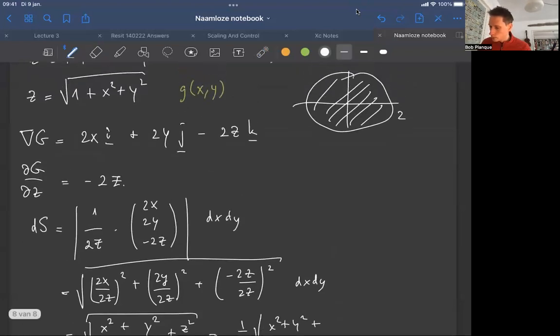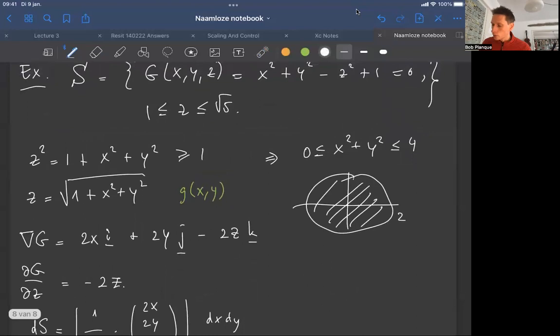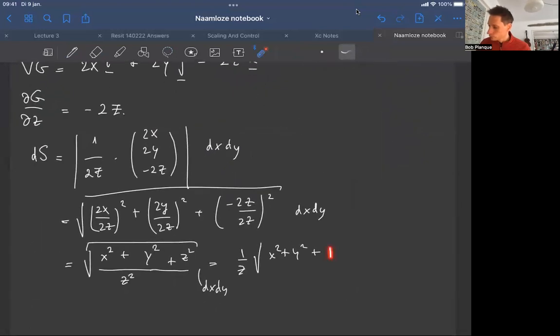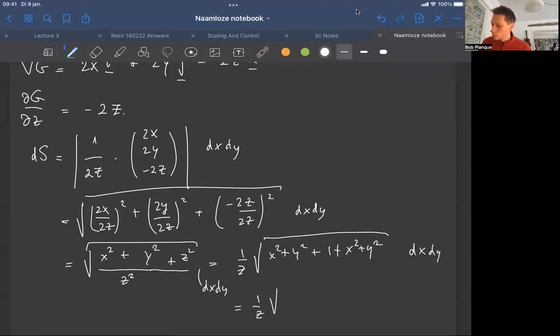Well, z squared now has to be found on the surface. And so z squared is equal to 1 plus x squared plus y squared. And so this is 1 over z times the square root of 1 plus 2(x squared plus y squared) dx dy.